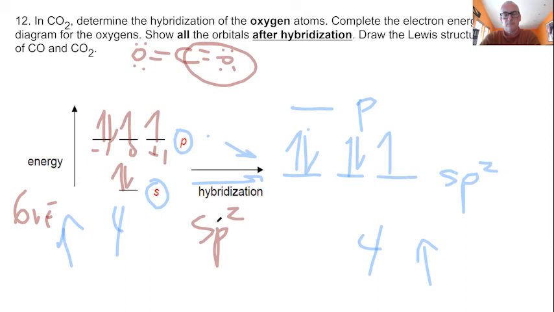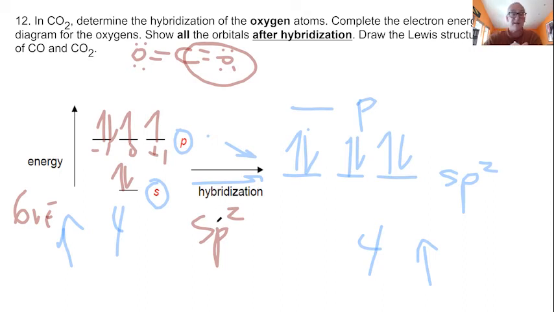If we put it in the sp2, what electrons are going to be doing the bonding? I don't have any unpaired electrons to do bonding. That would just give me 3 lone pairs. So that's one reason why that doesn't work.